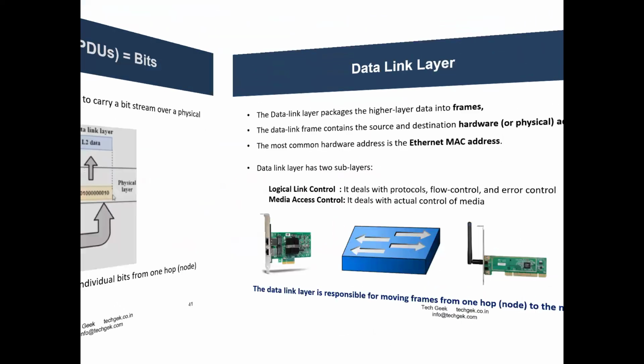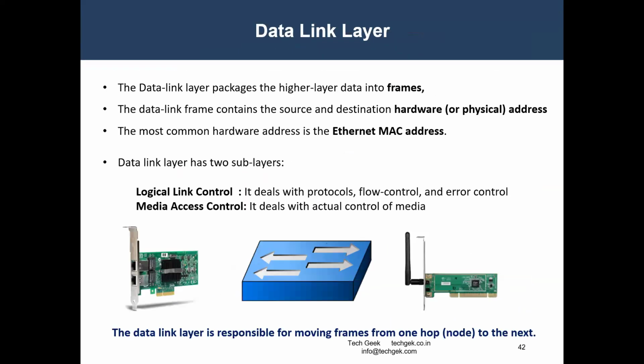The next layer is the data link layer. The data link layer packages the higher-layer data into frames. The frames contain the source and destination hardware address, the physical address. We have discussed that the MAC address is the common address used for transmissions. The data link layer is divided into two sublayers: the logical link control and the media access control.